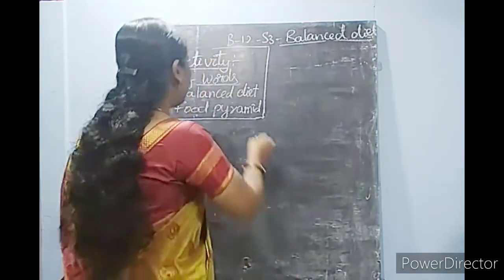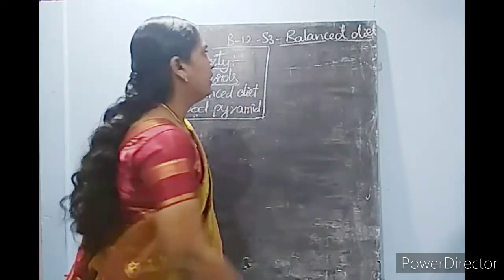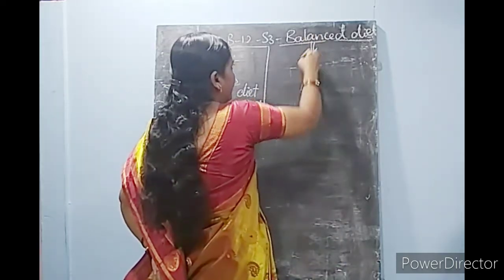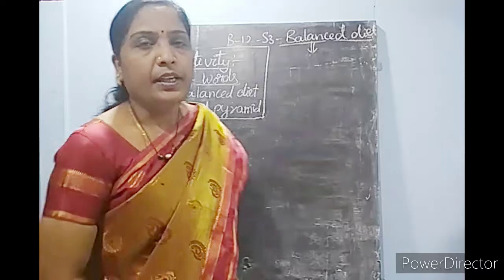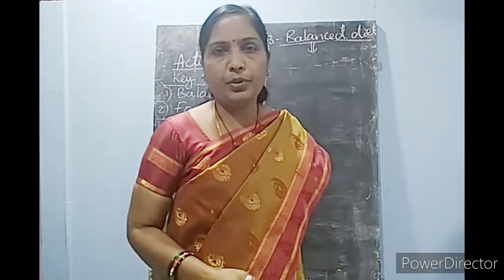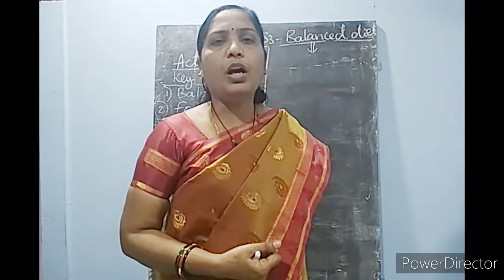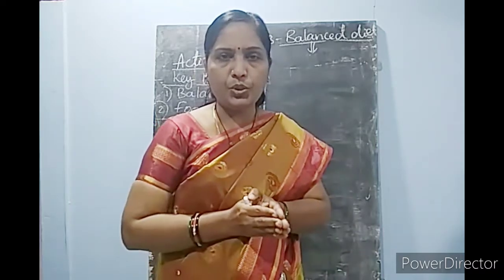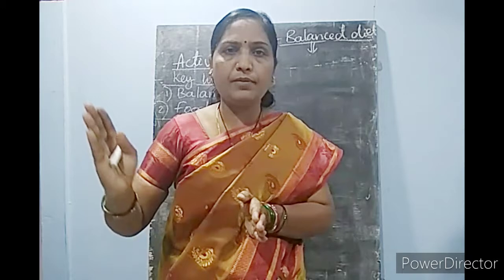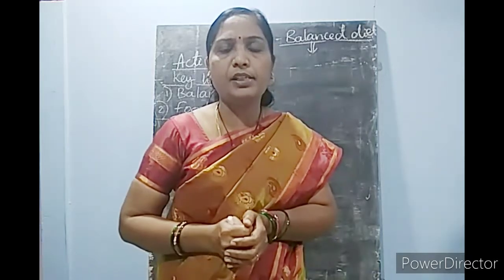Now we'll see the meaning of a balanced diet. In yesterday's class, you learned about the different types of nutrients. How much carbohydrate should be there, how much protein, how much fat, how much vitamins and minerals.